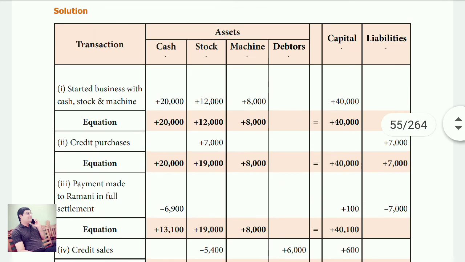If you see here, you have to write one more heading, liabilities, or instead of liabilities, you can write wages outstanding in the credit column of the right side of your ledger account. Debit column, you are writing capital, and credit column, you have to write liabilities in your ledger sheet.